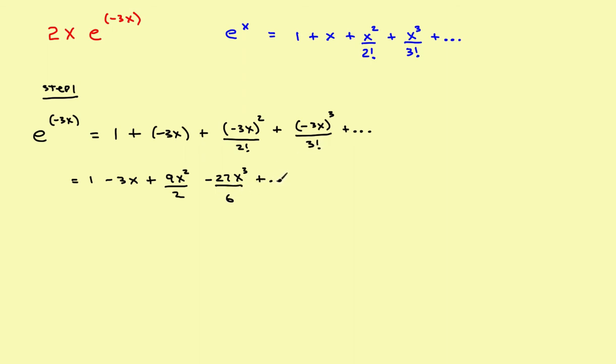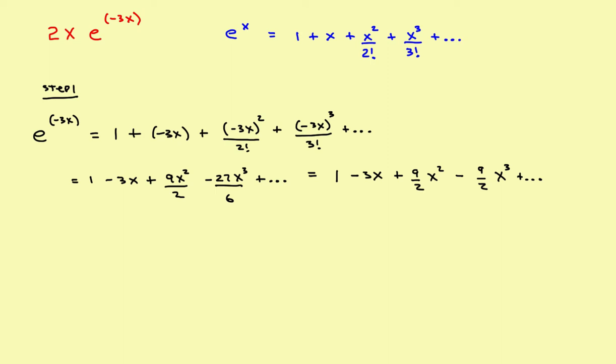Then plus, and it goes on. And finally, if you can simplify it, let's simplify. So I've got 1, then minus 3x plus 9 halves x squared. But 27/6 will simplify down to 9 halves, so that's going to be minus 9 halves x cubed. And then it goes on.